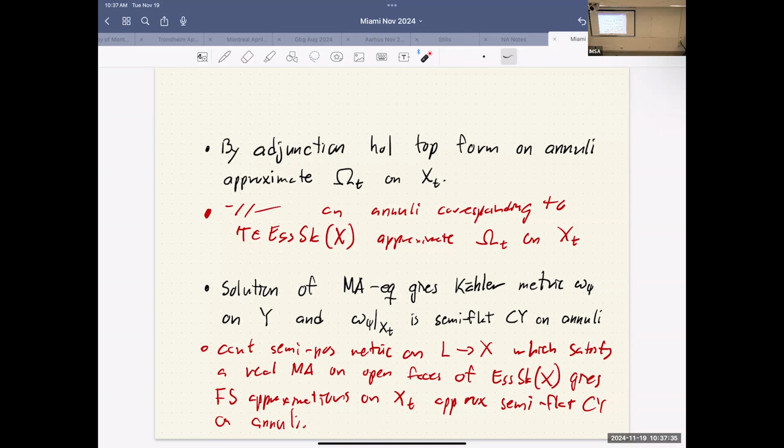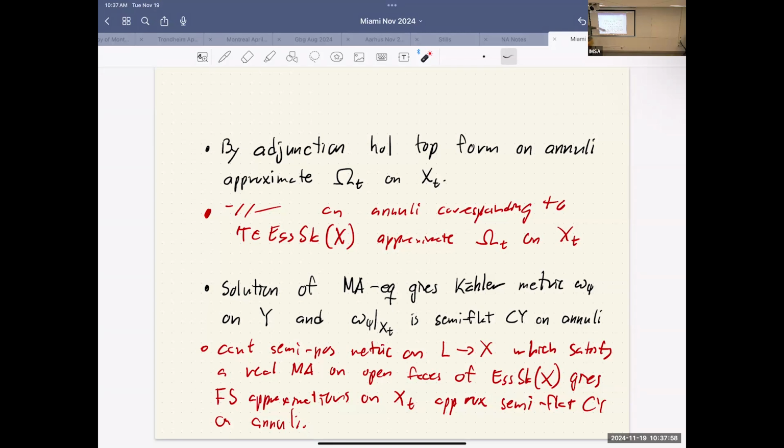So can you say the approximations on X_t approximate? Can you say it again? So the Fubini-Study approximations on X_t. So yes, this FS. Can you elaborate on this? Yes.